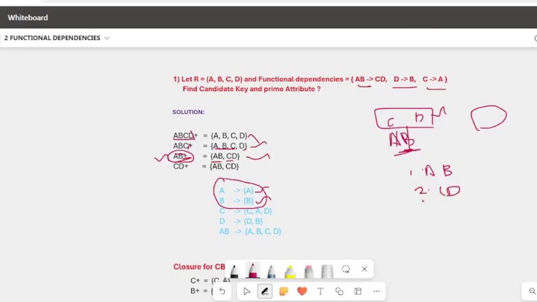We want to check another combination also, whether AB and CD are available on the right hand side. Yes, AB is available. So here we reduce AB. Instead of A we can replace it by C. So one answer is CB.